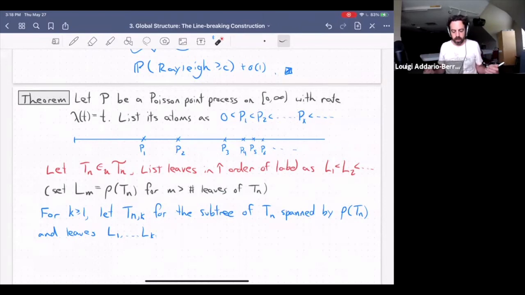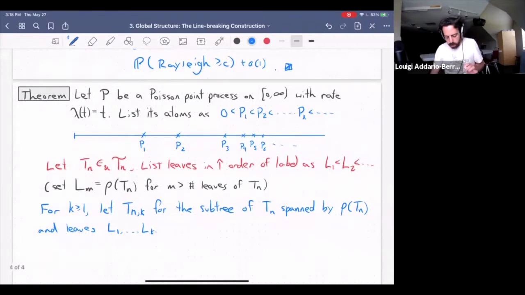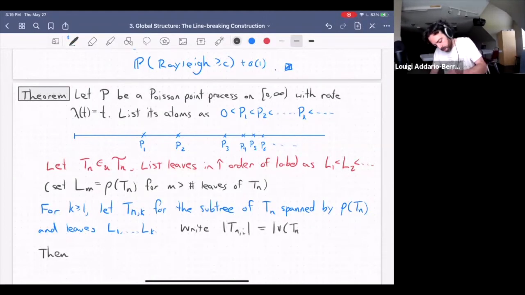Okay, so is that definition clear enough? I could be a bit more formal here, but since I've already shown this to you before, I feel like I can get away with just saying the tree spanned by those vertices. Then I'm going to write size of Tn I to mean the number of vertices of this tree.